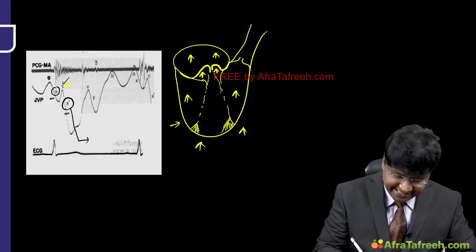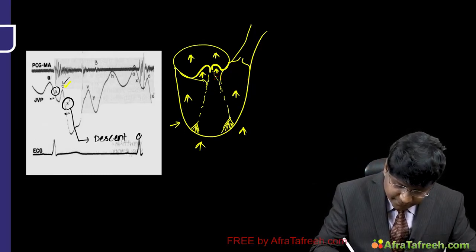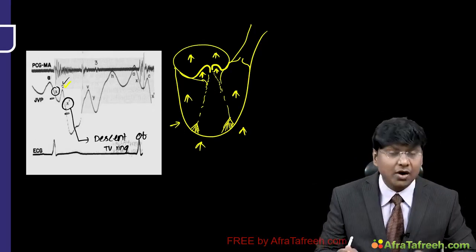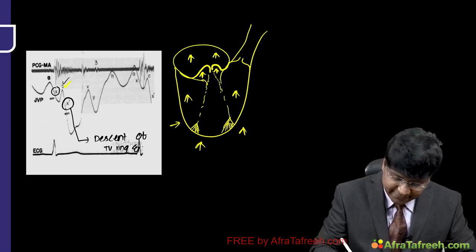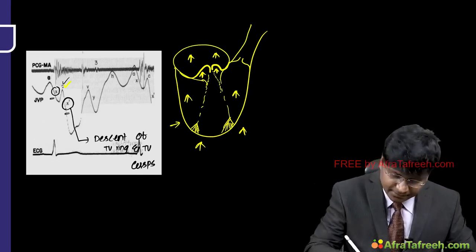So this x dash is due to descent of the tricuspid valve ring, along with the tricuspid valve cusps. This entire thing will be descending down.